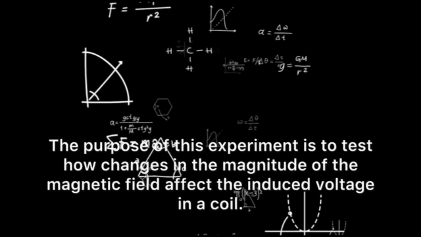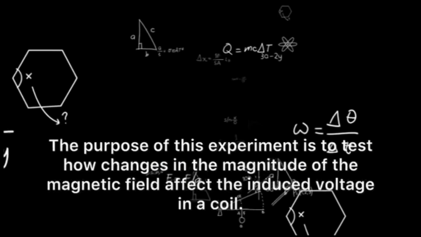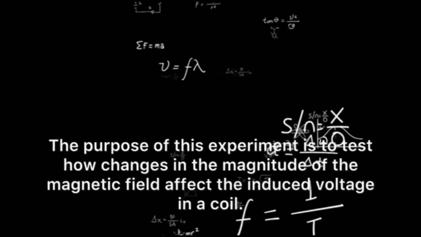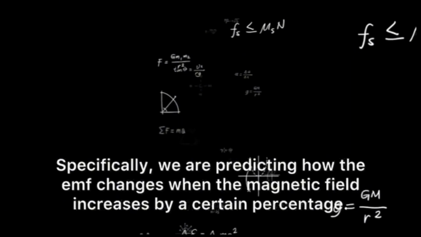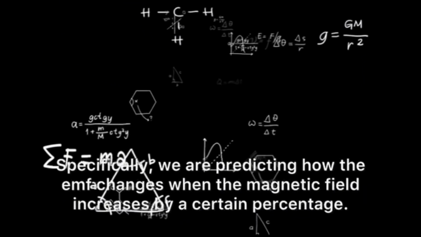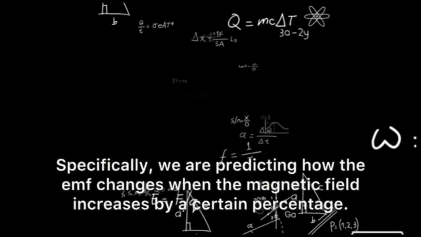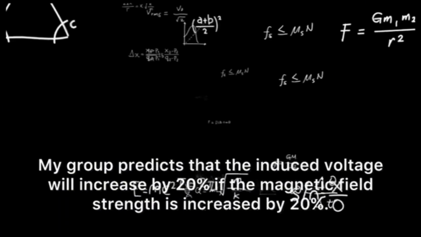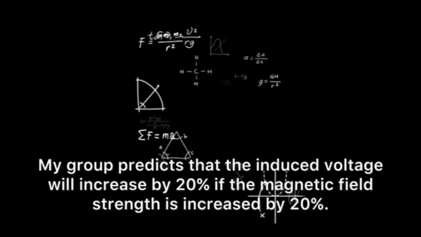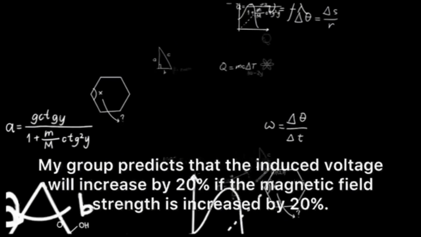The purpose of this experiment is to test how changes in the magnitude of the magnetic field affect the induced voltage in a coil. Specifically, we are predicting how the EMF changes when the magnetic field increases by a certain percentage. My group predicts that the induced voltage will increase by 20% if the magnetic field strength is increased by 20%.